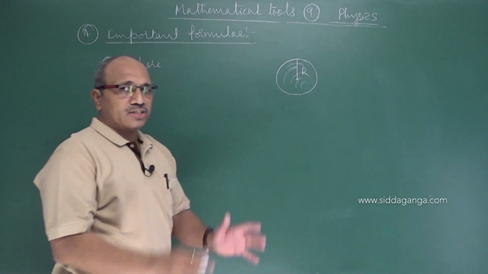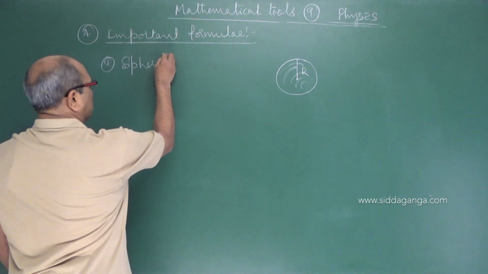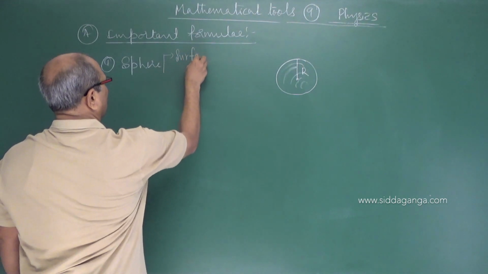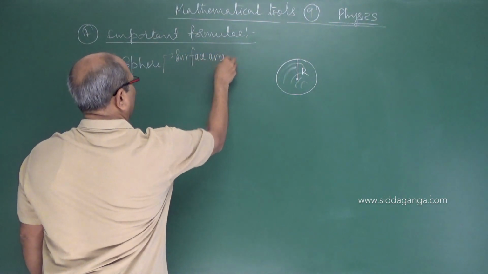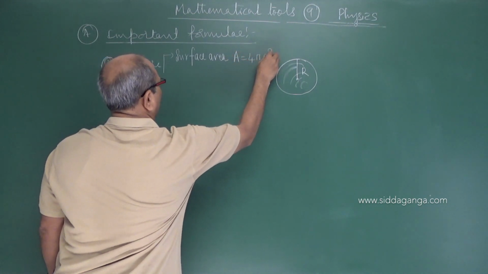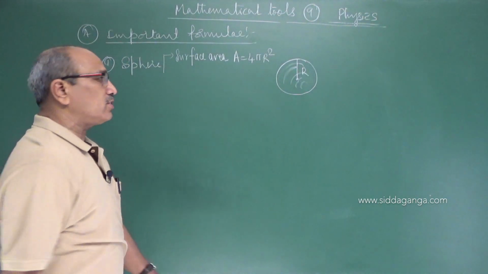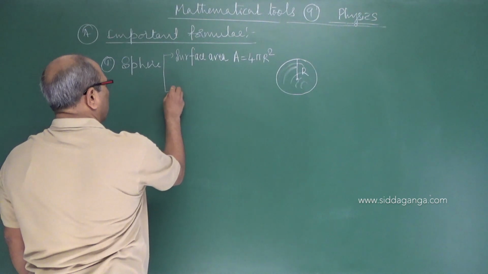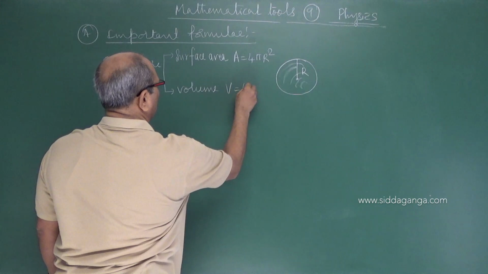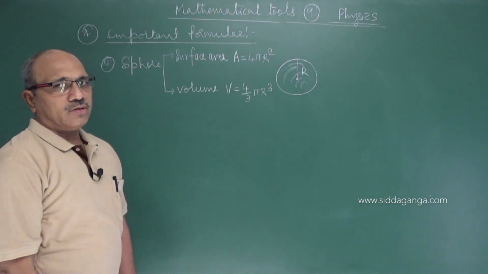In the case of three-dimensional bodies, two things are importantly required in physics: surface area, A equal to 4 pi r square, where r is the radius and pi is the standard value 22/7, and volume of the sphere, V equal to 4/3 pi r cube. That is one.